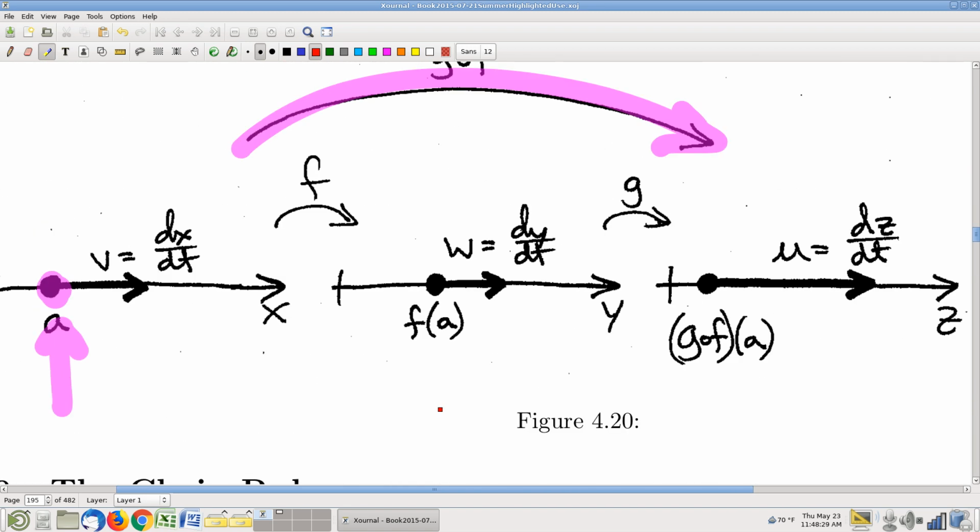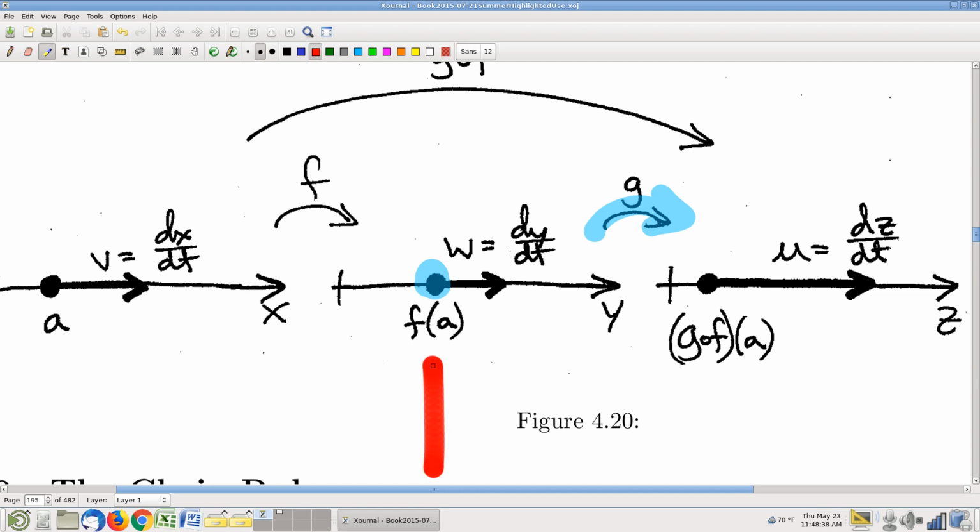G prime, like G, is evaluated at that point, which is F of A, because that's the point that comes out when you plug A into F. Right? I mean, that's just kind of what it has to be.